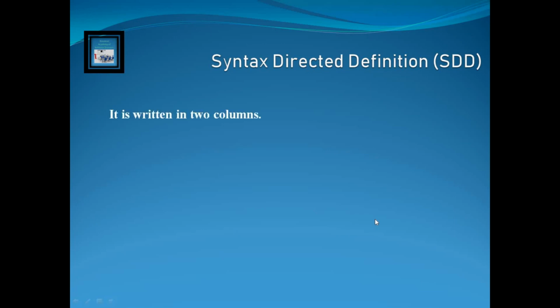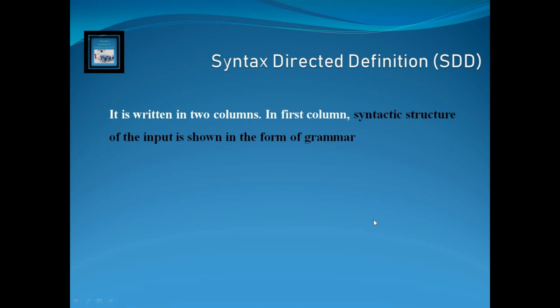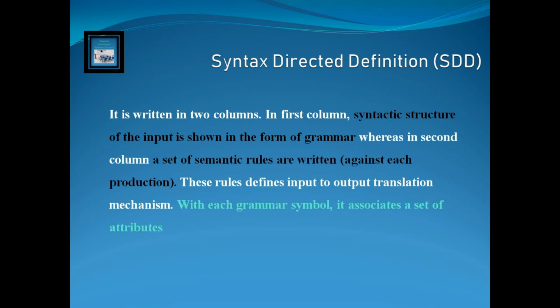Syntax directed definition is in fact a 2-column approach in which the syntactic structure of the input, or you can say the grammar of the input, is written within the first column, and within the second column a set of semantic rules are given against each production, and these rules define how to translate from input to output.